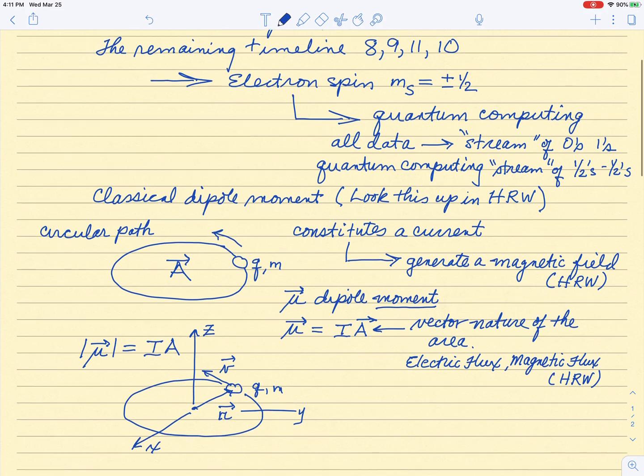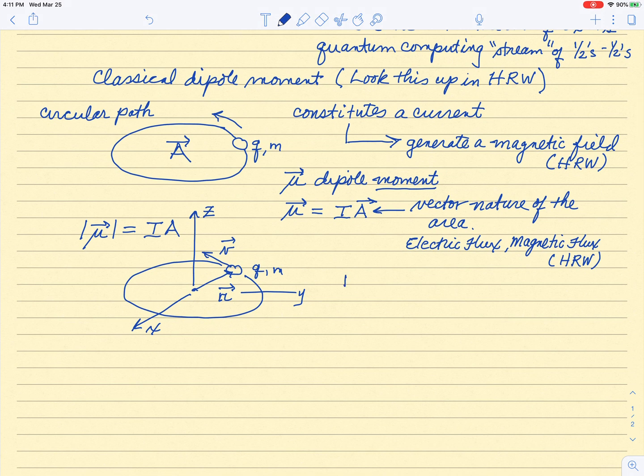So if we were to look at the current here, the current by definition is the change in charge over change in time, which in the limit of moving the time window ever closer to zero becomes a derivative, dq/dt. Again, this is a Halliday, Resnick, and Walker lookup if you have some difficulty understanding the current.